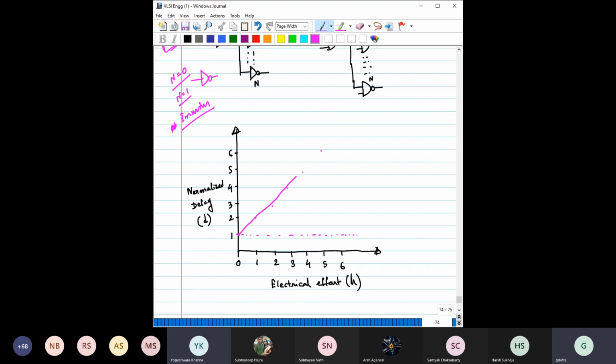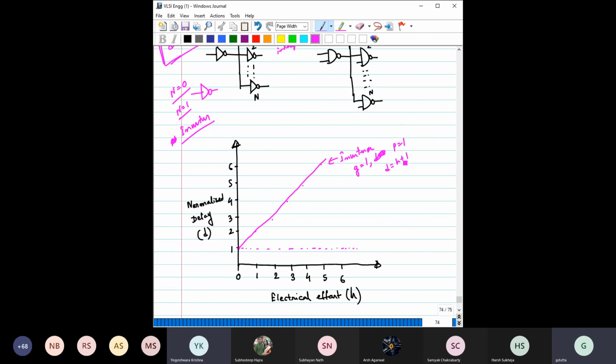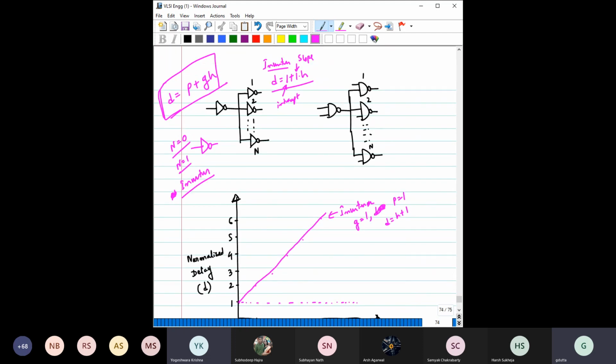So basically we should have a plot like this. So this is for the inverter, where G is equal to 1, H can change, and P is equal to 1, and that makes this equation. Okay, so it is pretty easy to understand, right? But remember one thing: in this plot, at the output you have connected the same logic gates. Okay, now let us focus on this.